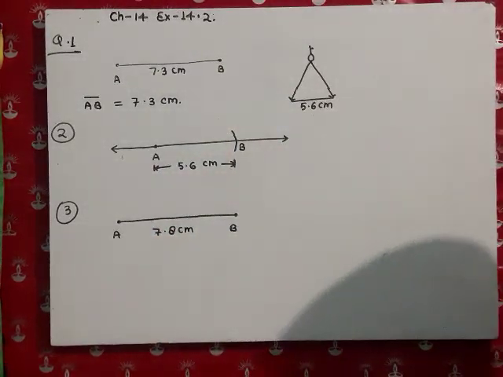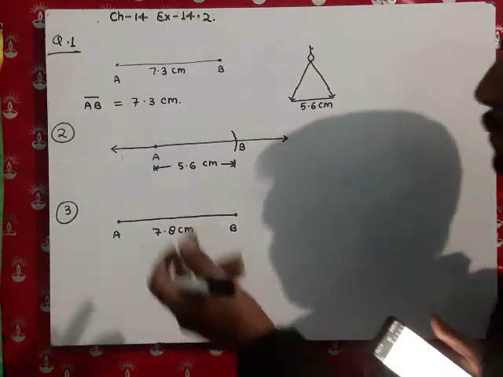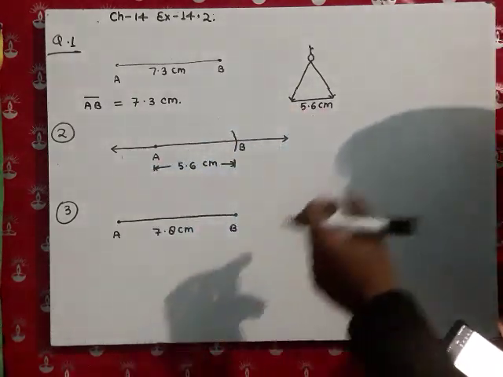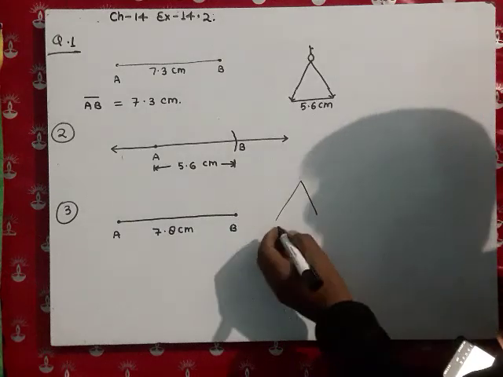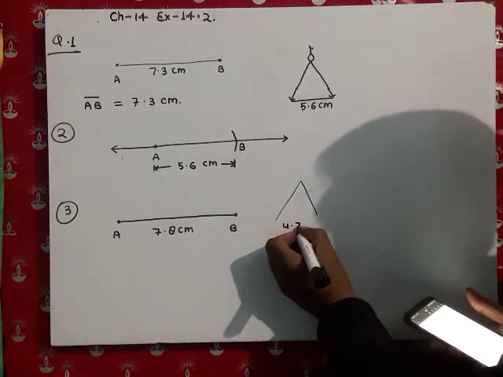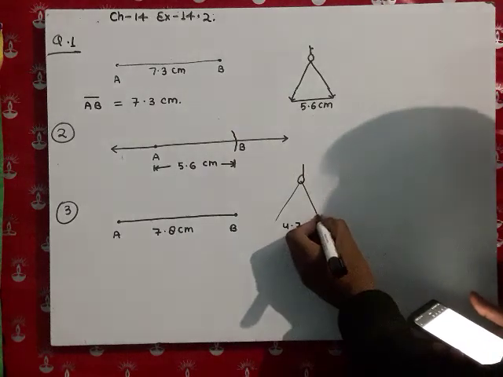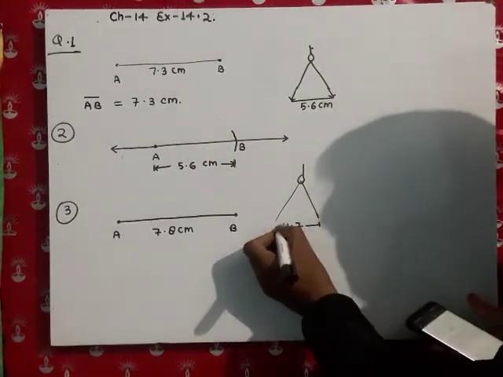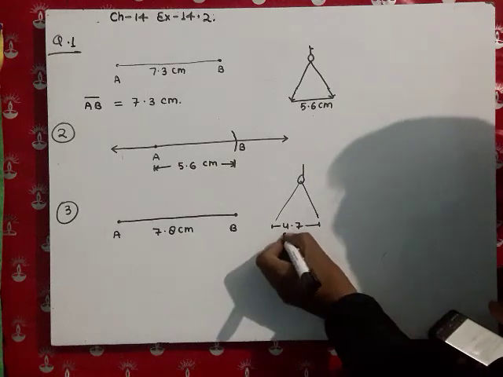Now the question is saying that from this, cut off AC of length 4.7 centimeters. So now you have to use your compass and take the distance 4.7 centimeters in the compass. Okay.